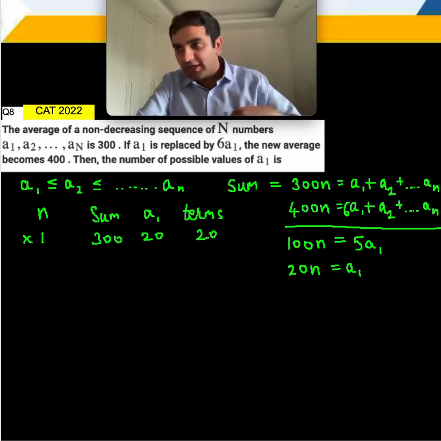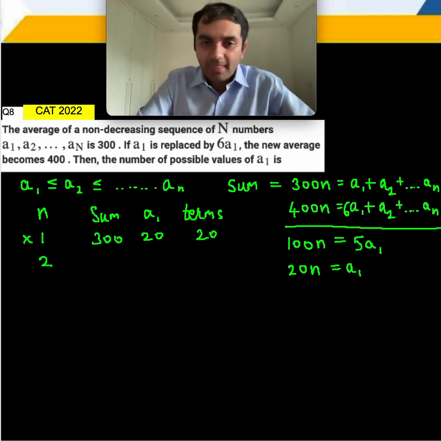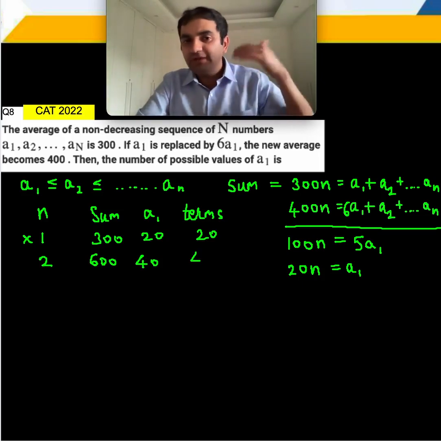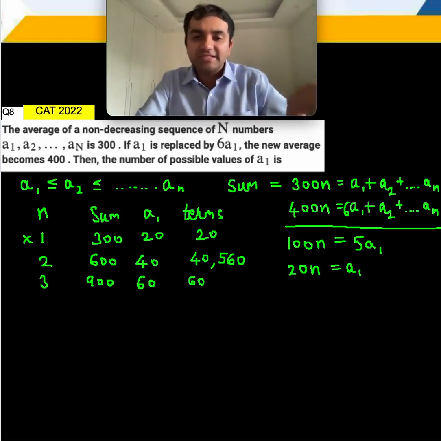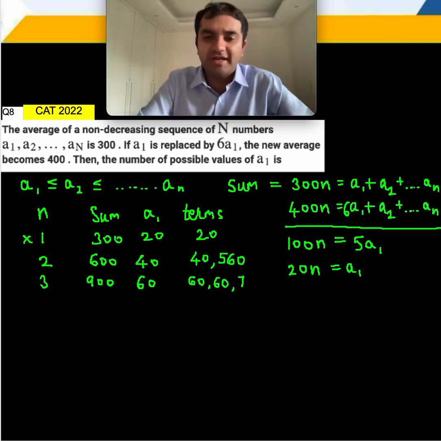But as soon as you now have two terms, sum becomes 600, 300 into 2. First term is 20n, 20 into 2, that's 40. So your terms can be 40 and 560. Similarly, if you have three terms, sum will be 900. First term will become 60 and your terms can be 60, 60 and 780.